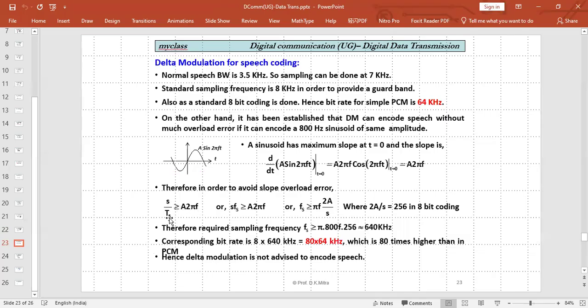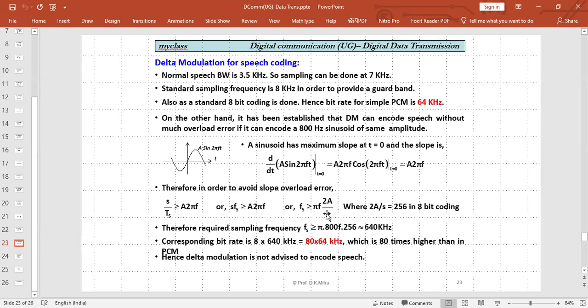And 1 by Ts is Fs, that's sampling frequency. So s Fs must be more than A 2 pi f. So Fs must be more than pi f into 2A by s. It's 2A by s. 2A is peak to peak amplitude. And s is the step.